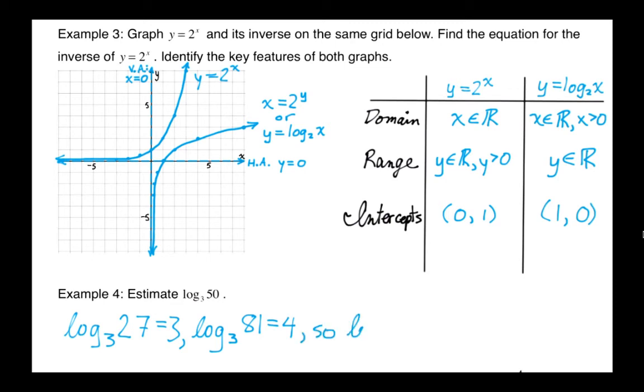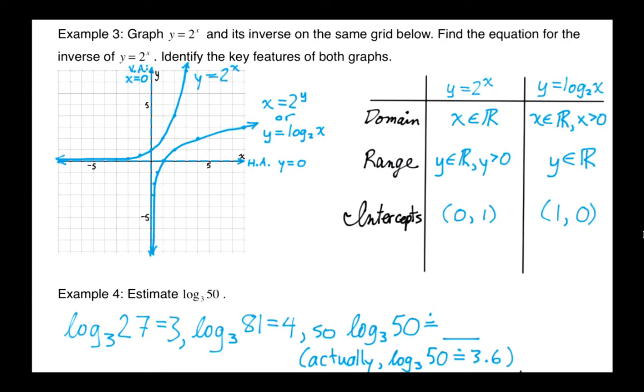So there's got to be some number in between that will give me 50. So 3 to the something is 50. I don't know exactly what it is. You could certainly guess. The actual answer is about 3.6.